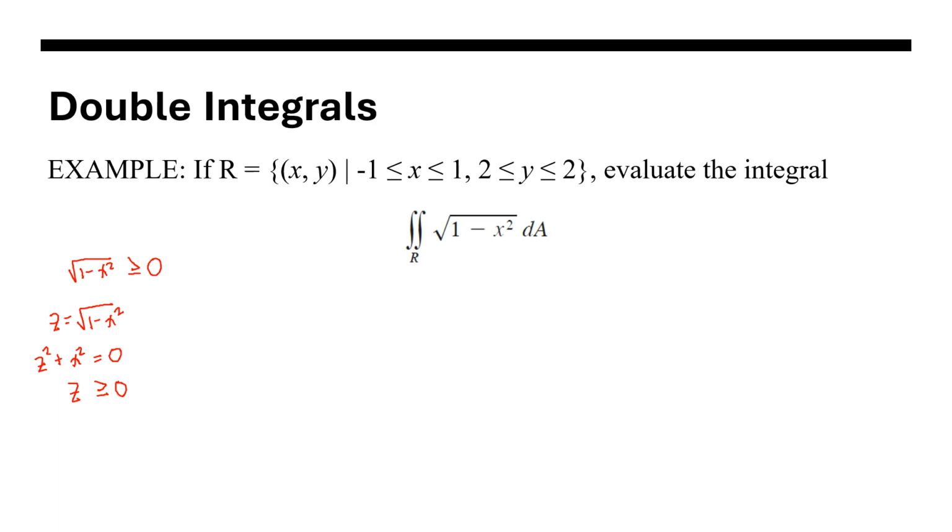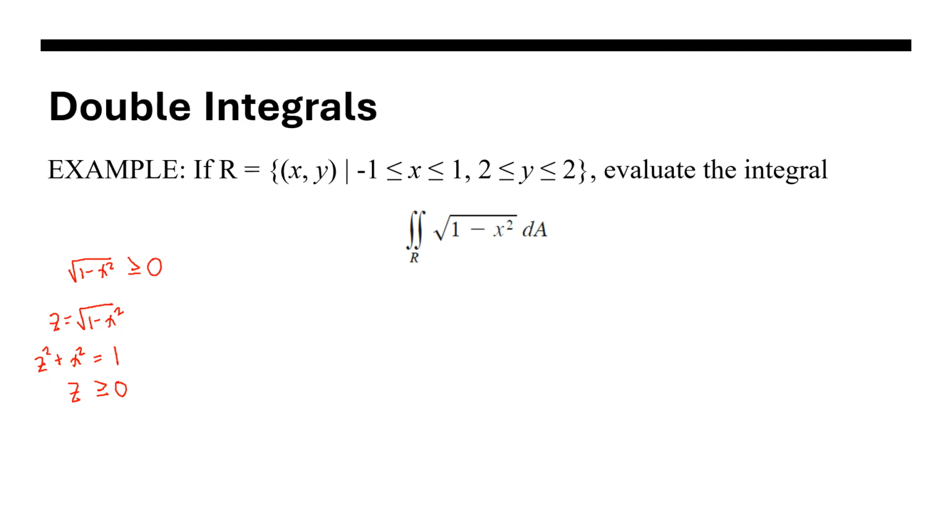Therefore, the given integral represents the volume of the solid that lies below the circular cylinder. Why is it a cylinder? Because you have z squared plus x squared. Let me correct this: it is not equal to 0, it should be 1.